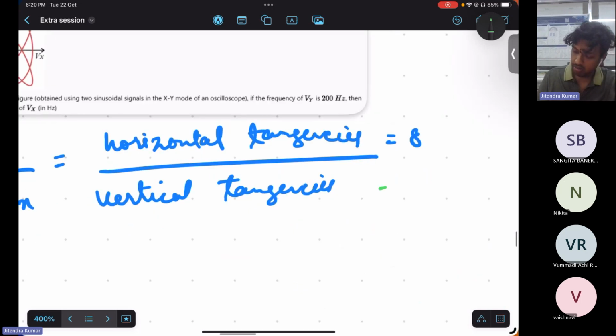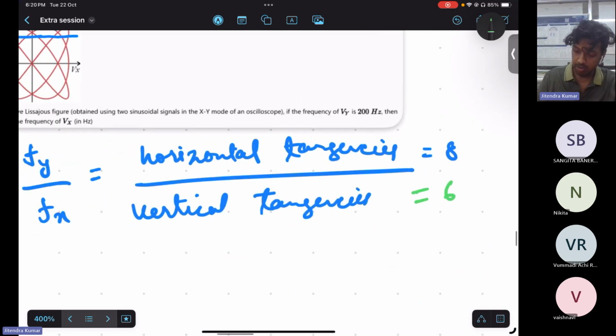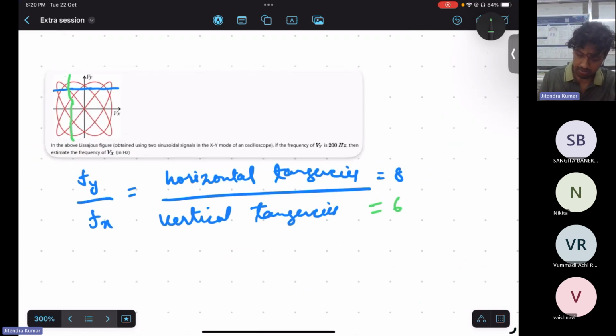So that is coming out to be 6. I hope it is correct. Again, 1, 2, 3, and 1, 2, 3. Yeah, 6 only. So it will be 6.